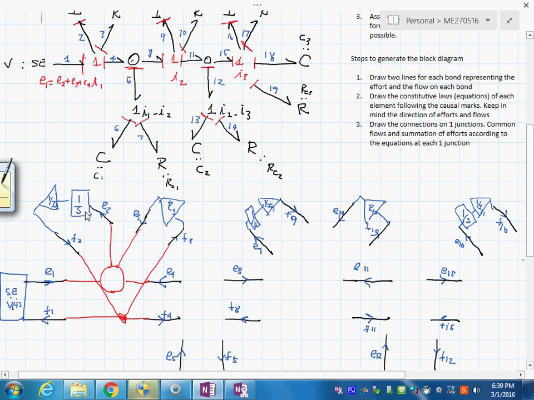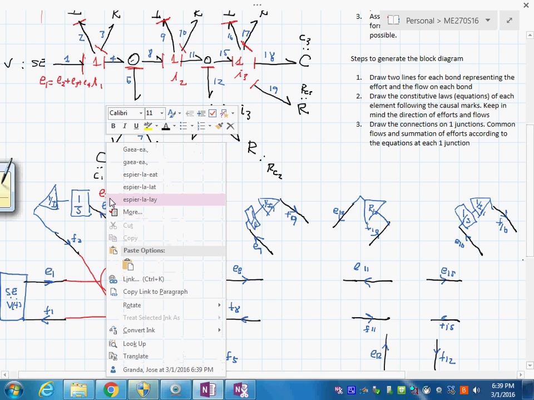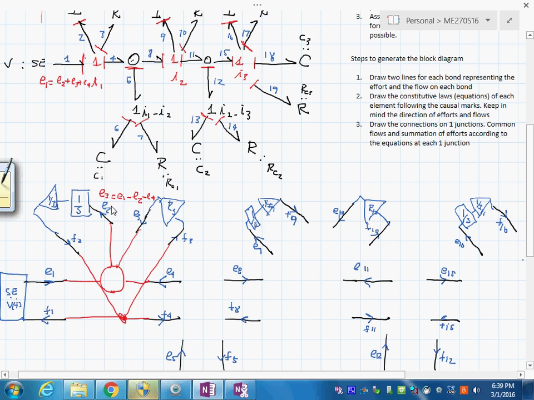So the question is, seeing here the equation, how is it? The equation in this bond says E8 is equal to E sub 9 plus E sub 10 plus E11. But the way it's written here is in terms of E sub 9.